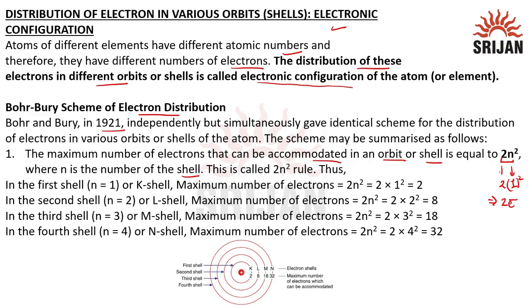That means 2 electrons is the maximum number that can be filled into the first shell, the K shell. Here you can see the calculation. The first shell, the K shell, has 2 electrons. In the second shell, the L shell, 8 electrons can be accommodated. The M shell can accommodate 18 electrons and the N shell can accommodate 32 electrons. You can see the different shells K, L, M and N and their electron capacities, right?